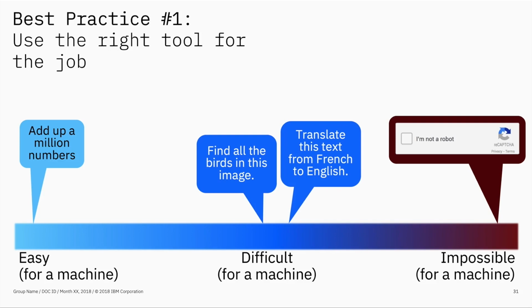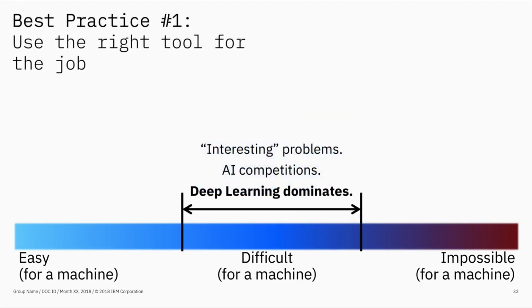They call them interesting tasks because they're hard enough to be an intellectual challenge, but not so hard as to be frustrating. And because these tasks are interesting, most AI competitions, be they Kaggle competitions or competitions among academics to meet benchmarks, tend to be centered on these interesting problems. It just so happens that the deep learning technology we've been talking about is by far the best technology for nearly all of the interesting problems that people are solving today.